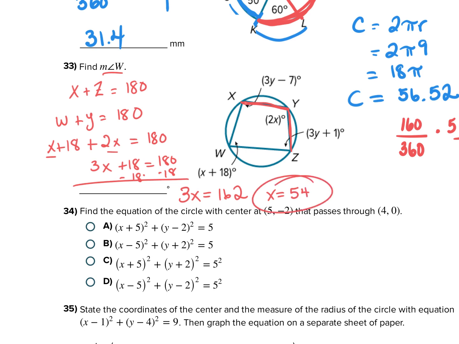Okay? But that's not what it asks for. It asks for the measure of angle W. Well, angle W is x plus 18. So what I'm going to do is 54 plus 18 to find the measure of angle W, and when I do that, I get 72 degrees.